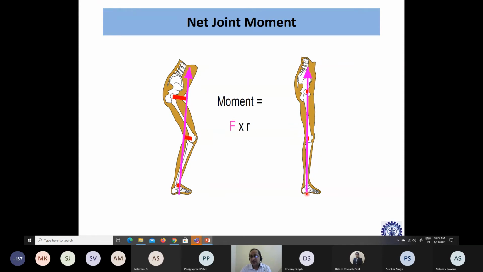In this configuration, the ground reaction force vector is passing through the joint centers. So through the ankle joint center, through the knee joint center, to the hip joint center. So in a standing posture or position, the forces and moments in the body are all in equilibrium, static equilibrium.